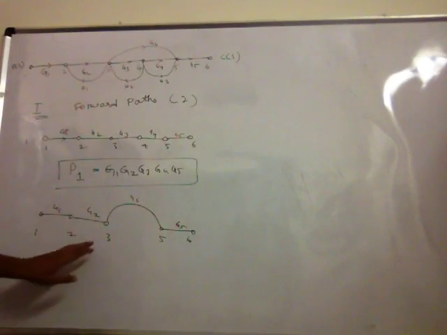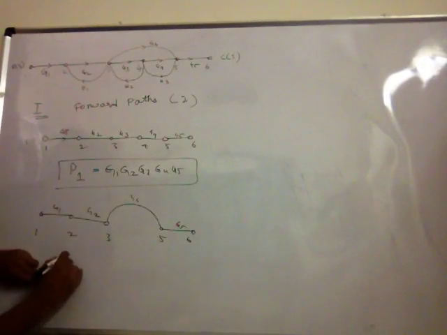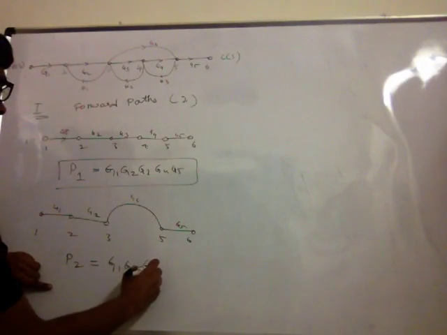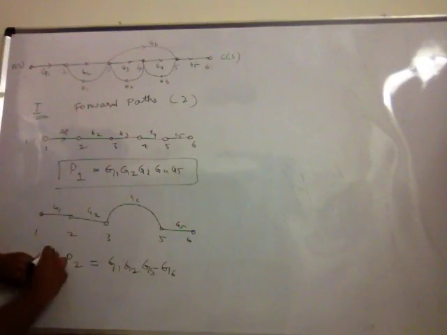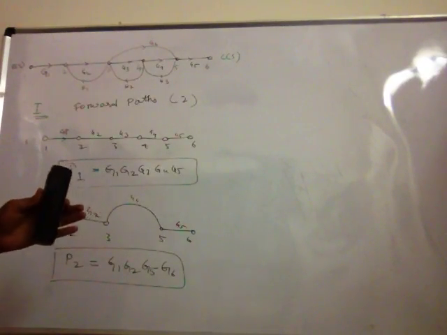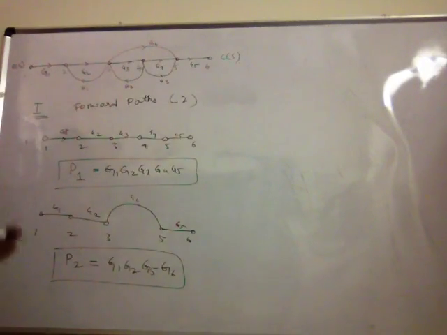So the gain of the second forward path, P2, is equal to G1, G2, G6 and G5. So the gains of the first and second forward paths are P1 and P2. I'll use the other part of the board for now, but I'll be erasing this later, so just grab a picture of what it is here right now.